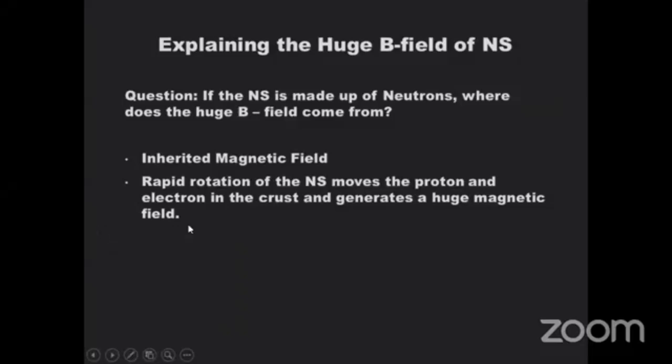So like I have explained before about the high rotation rate of neutron stars, as these neutron stars spin, the charged particles on them, the protons and electrons, experience acceleration, and so they increase the magnetic field individually, and by superposition, they increase the overall magnetic field of the neutron star. So the combination of these two gives the huge magnetic field of neutron stars.